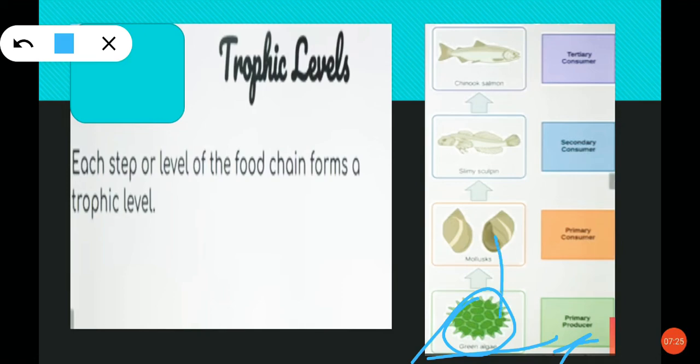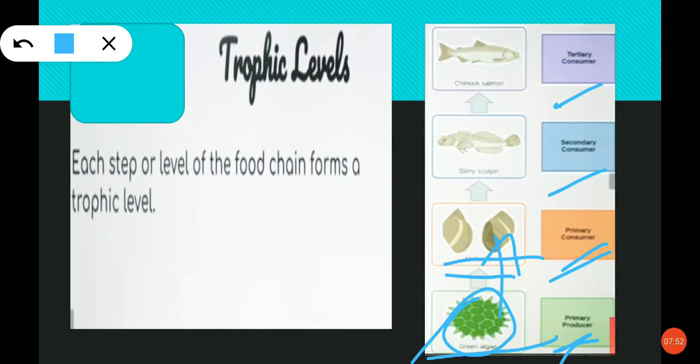From here, this is the producer, and from here this is the primary consumer. Plants are always primary producers. This is the secondary consumer, this is the tertiary consumer, and finally the final consumer is also there.